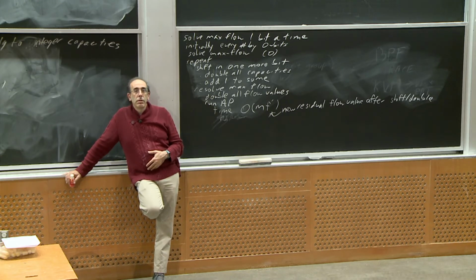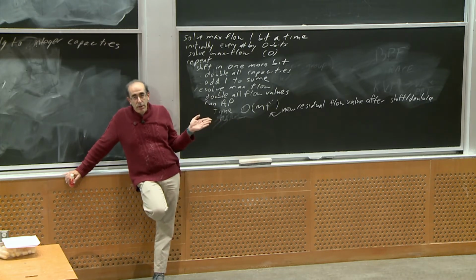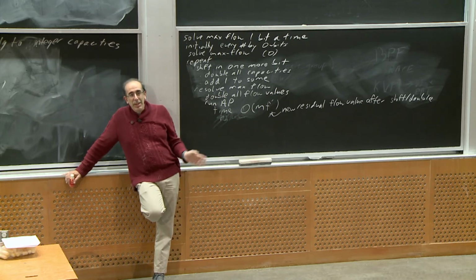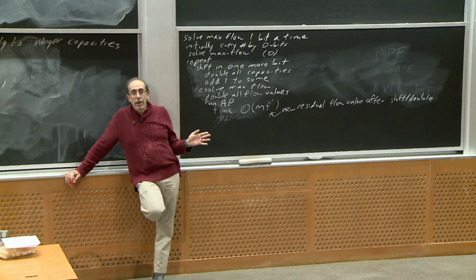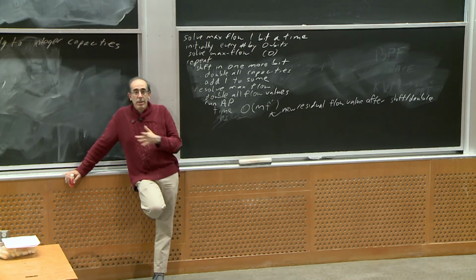Well, if there wasn't, then it means that it has capacity 2, so it had capacity 1 in the last step. Good. So you're arguing that if every edge on this path has capacity larger than 1, then they all had non-zero capacity in the previous step, and that means that you would have found an augmenting path in the previous round, and it wouldn't be there, right? So that's a path-based argument, which is absolutely valid.